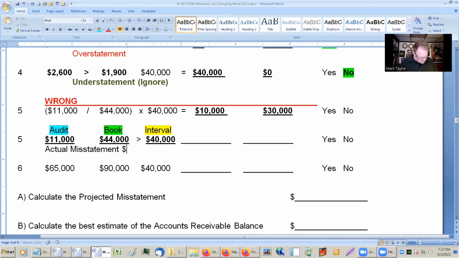Here, I'll show you. They're saying it's 44,000. We're saying it's 11,000.